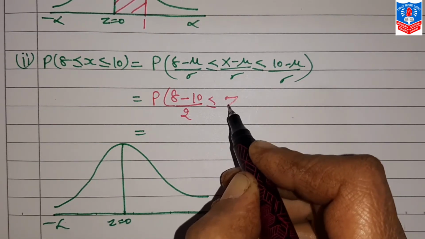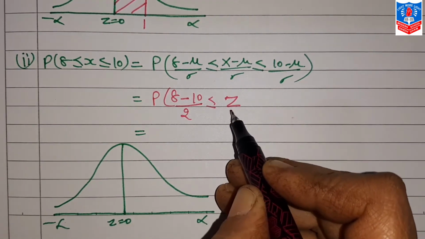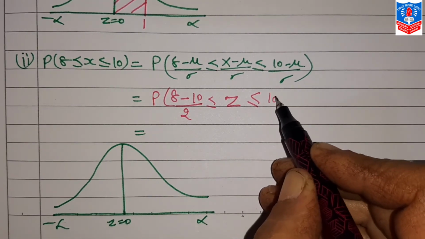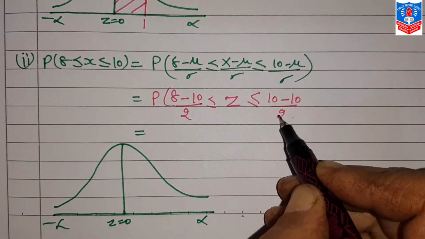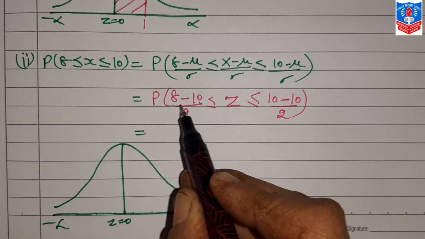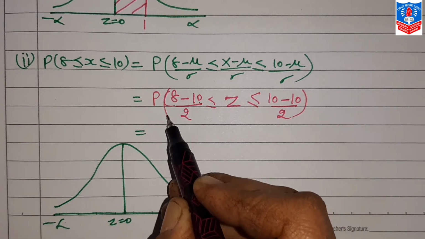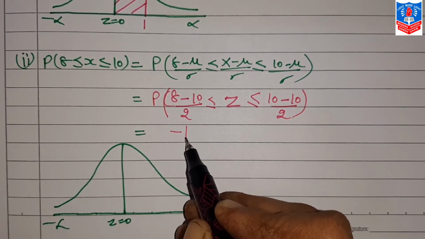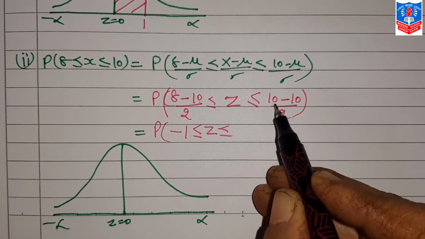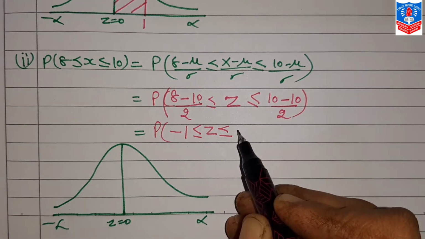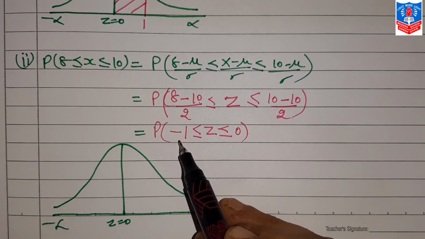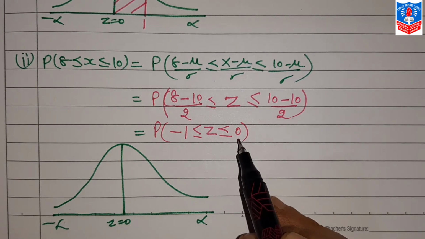At the place of (x minus mu)/rho we write z, so (8 minus 10)/2, that is minus 2 divided by 2, so it will be minus 1, less than or equal to z less than or equal to (10 minus 10)/2, that is 0. Means the area which is there is from minus 1 to 0.